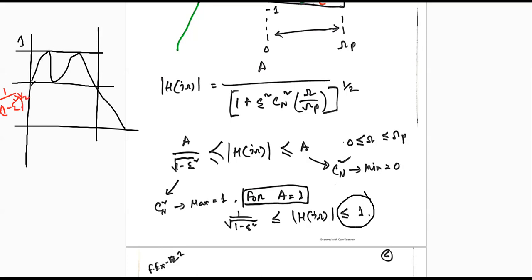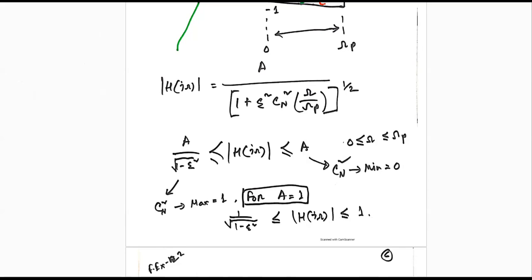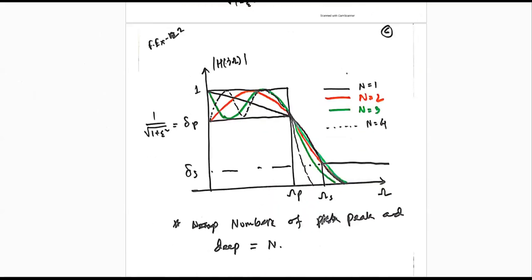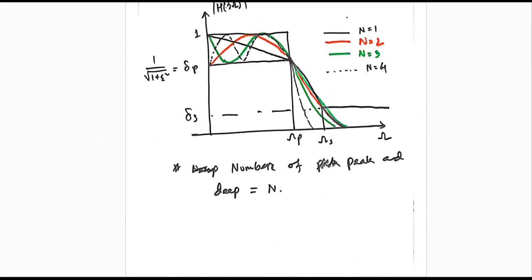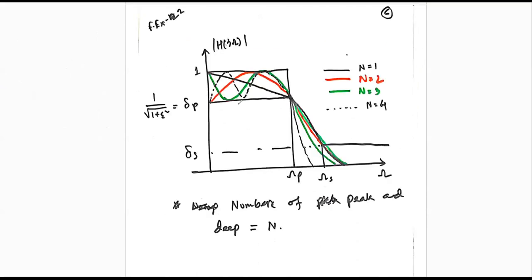So that is the range. So ripple will go up to the higher value 1, and the lower value, 1 minus epsilon square to the power half. So that is the conclusion, by which we can understand this very easily.